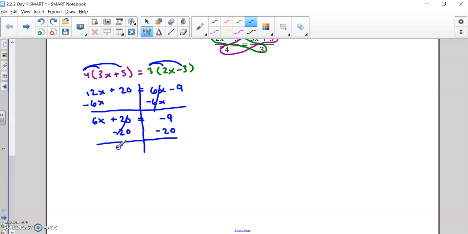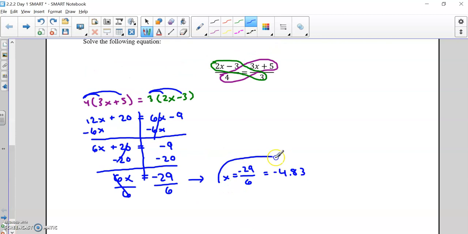On the left, we end up with 6x. On the right, negative 9 minus 20 gives us a negative 29. If we do our last step, which is divide both sides by 6 to get x finally by itself, we end up with a final answer of negative 29 over 6. You can keep it like that if you'd like, or you could say it's negative 4.83.